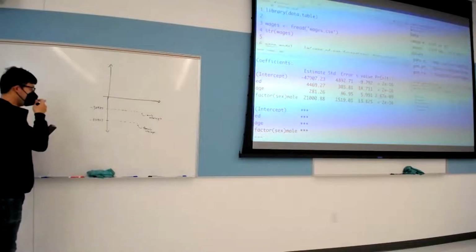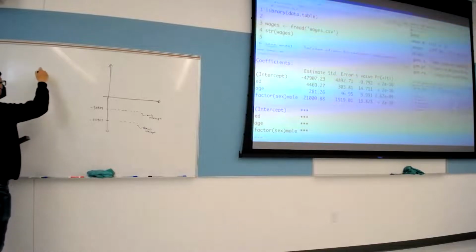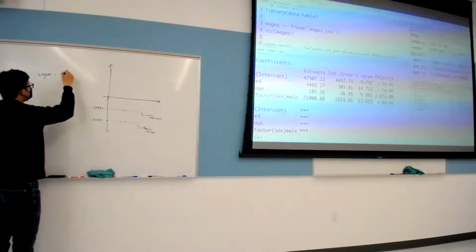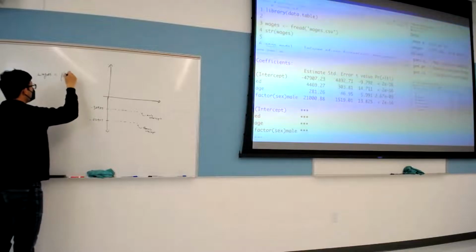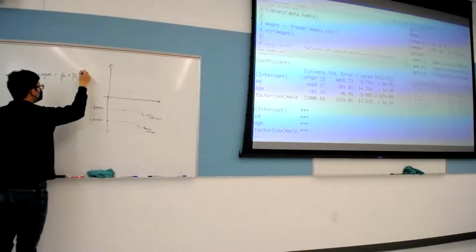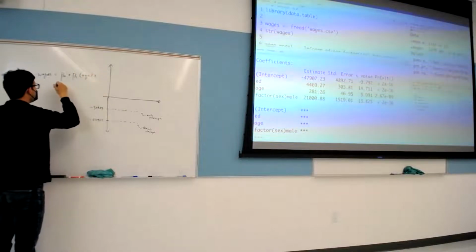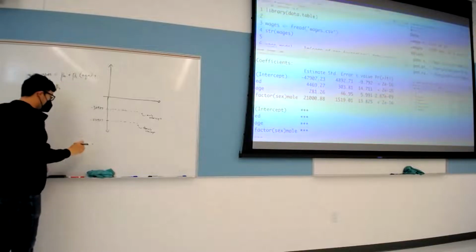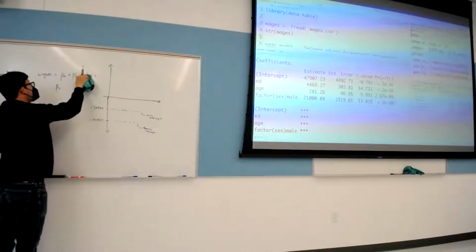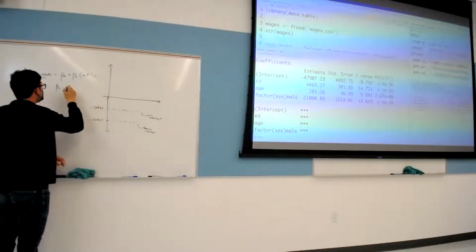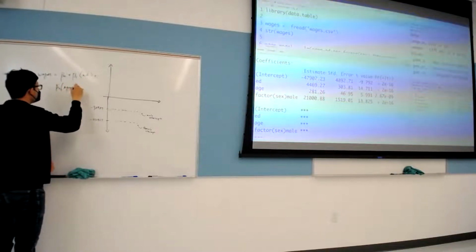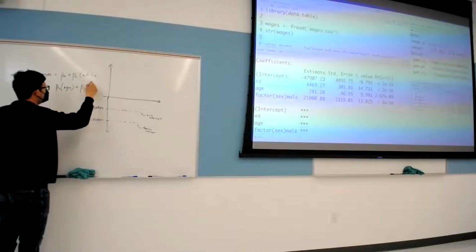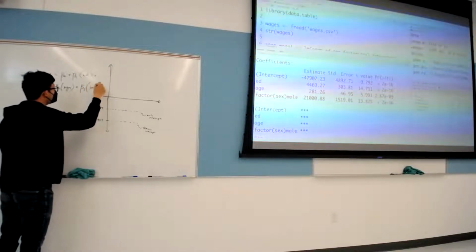Okay, so if I look at the equation, wages is equal to beta 0, which will be my intercept, plus beta 1 times education, plus beta 2 times age, plus beta 3 of sex.